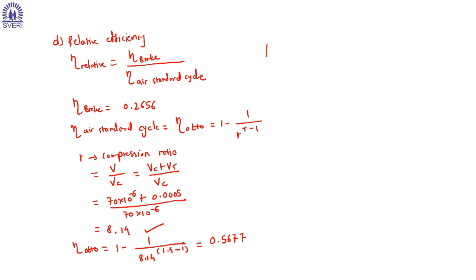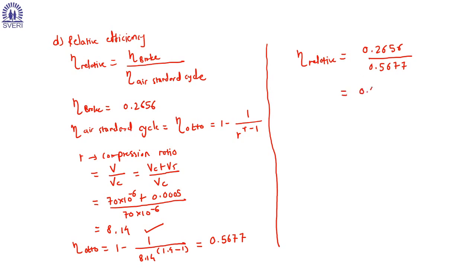Next, if I calculate the relative efficiency now, it will come out to be brake thermal efficiency, 0.2656, divided by 0.5677. So this comes out to be 0.4678, or 46.78%.